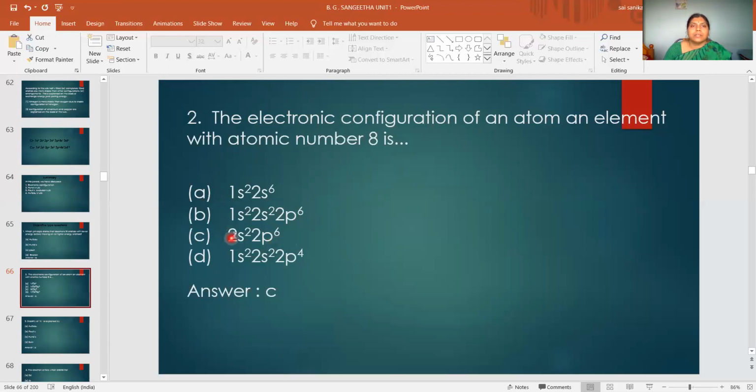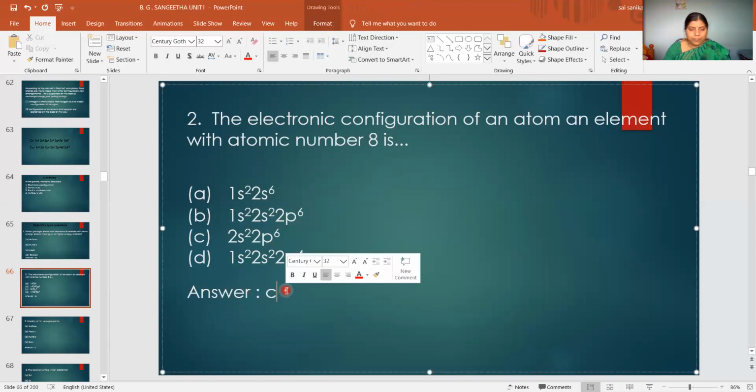Okay, sorry, that is an incorrect answer, so the answer is not C here. 1s2, 2s2, 2p6 is incorrect.